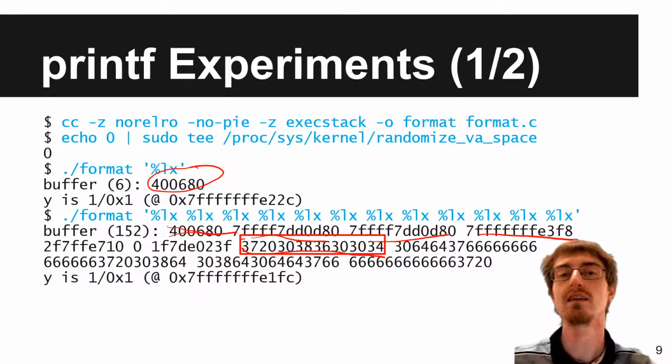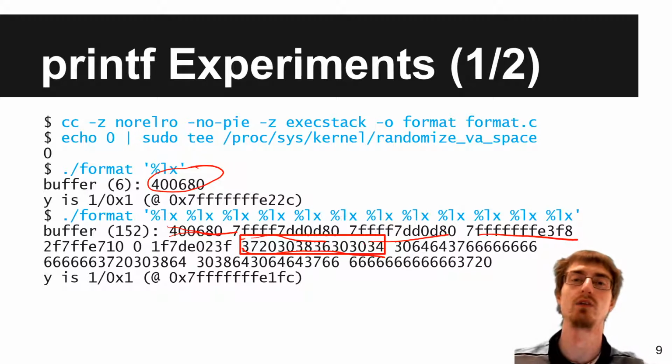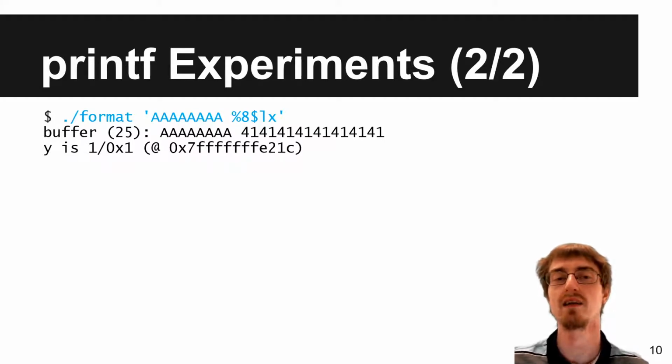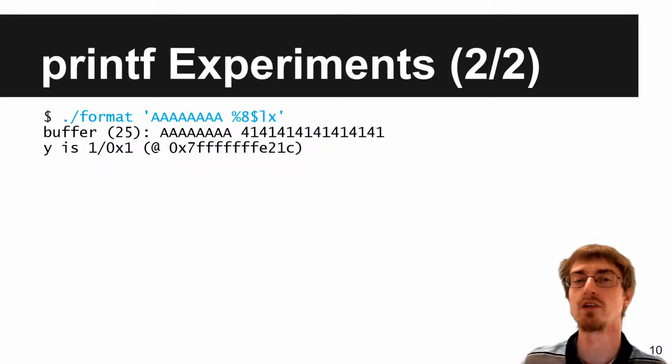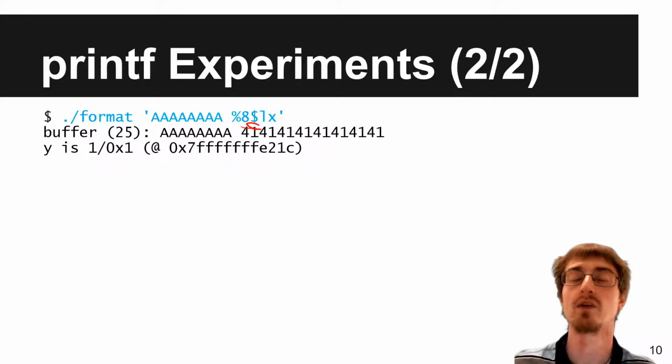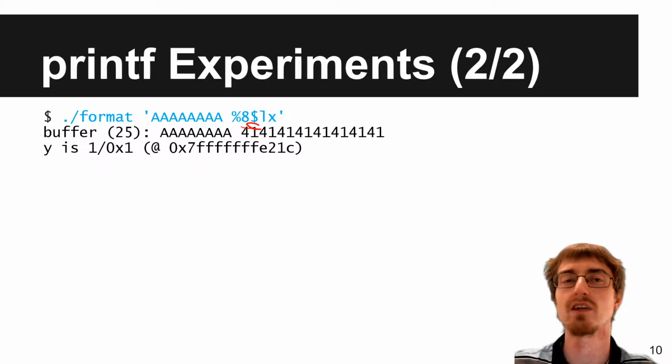Now, let's take a moment to think how we can use this. Well, first, let's verify. Is it indeed true that whatever we put there is going to end up in this parameter? So this format string uses the positional indicator, the $ sign, to grab exactly the 8th parameter. And now we start the string with the letter A to make sure that we have something that's easy to recognize.